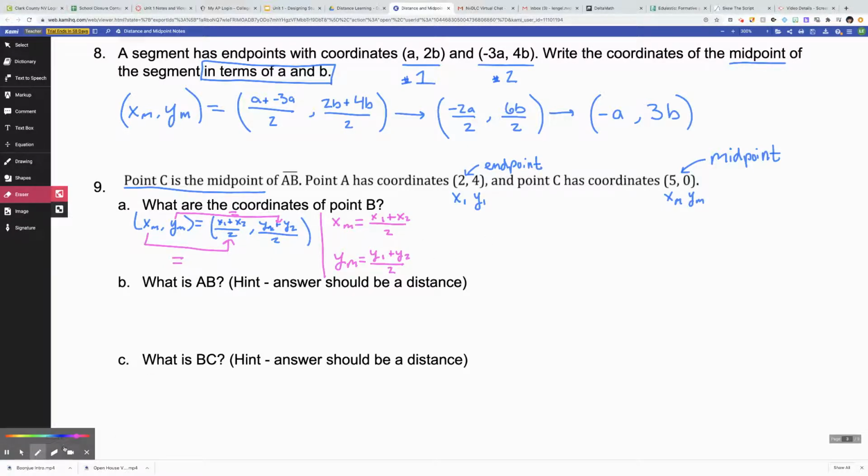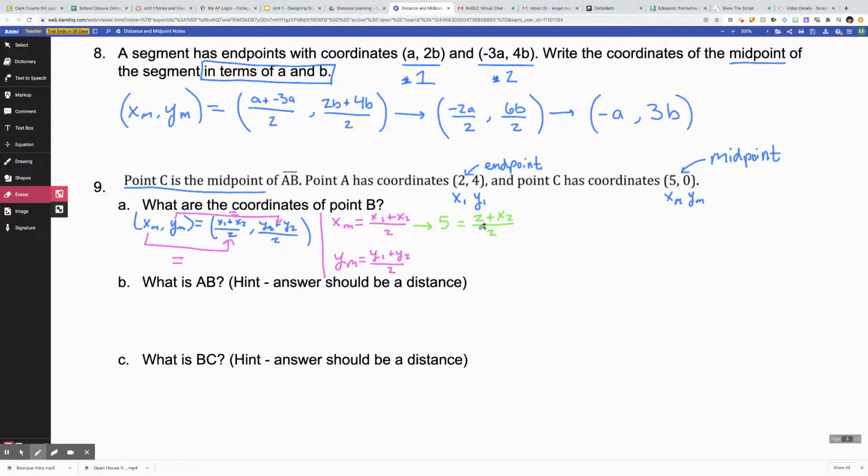Okay, so let's plug the values that we know into these two equations right here. So I know that xm is 5, so I have 5 equals, x1 is 2, plus, I don't know what x2 is, divided by 2, right?